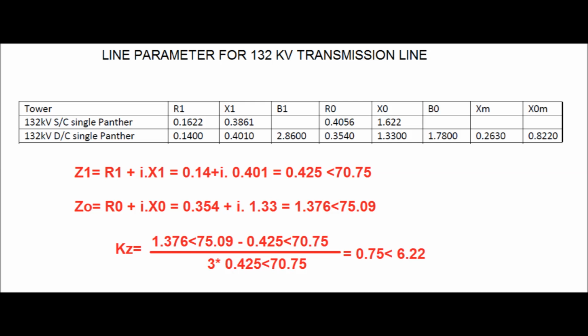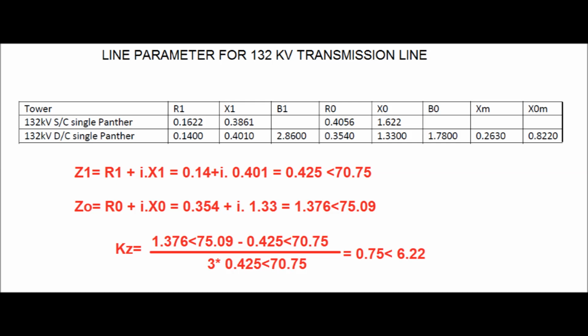Now Z1, that is the positive sequence impedance, is equal to R1 plus j into X1, which comes as 0.14 plus j into 0.401, equal to 0.425 at an angle of 70.75 degree.